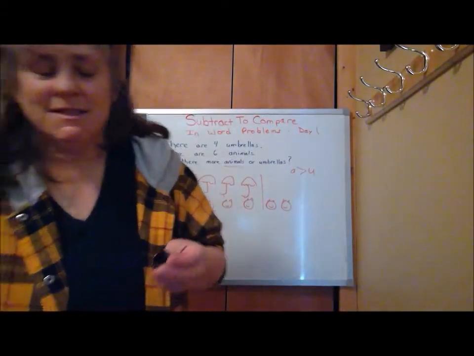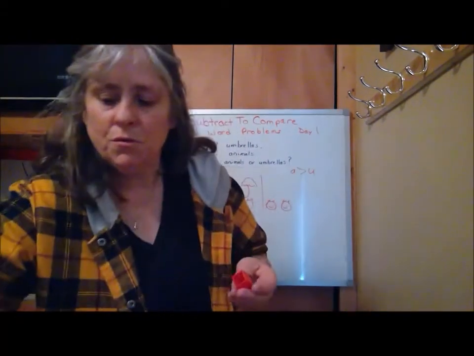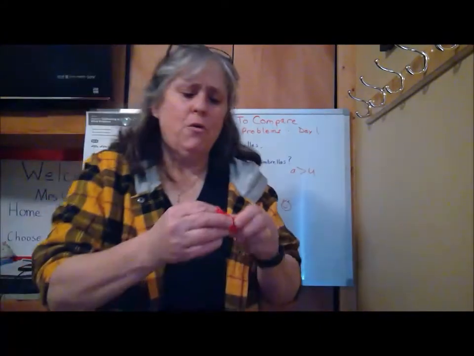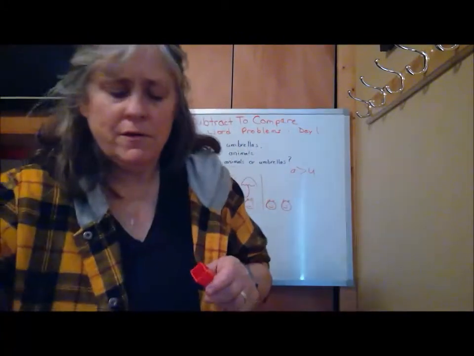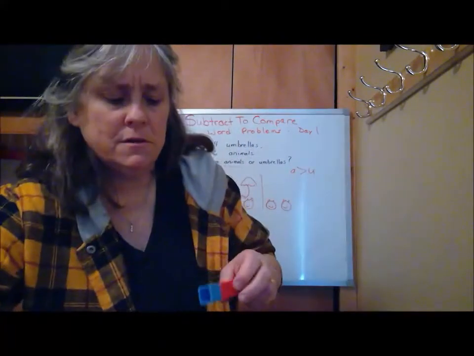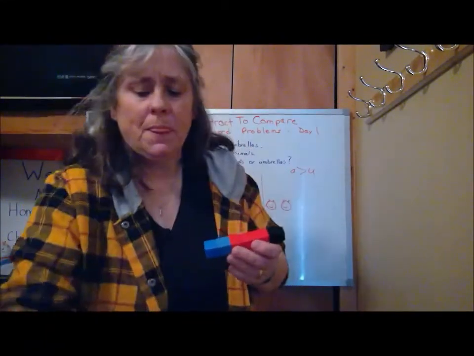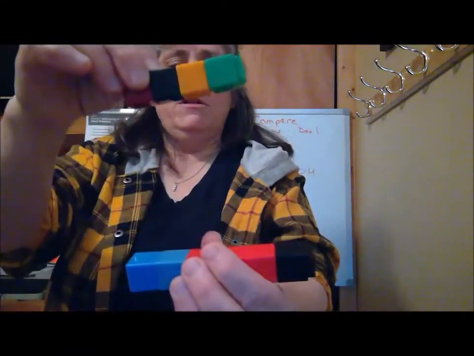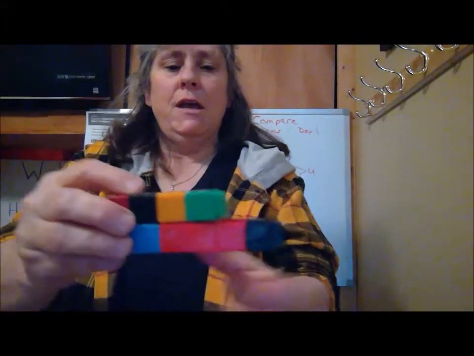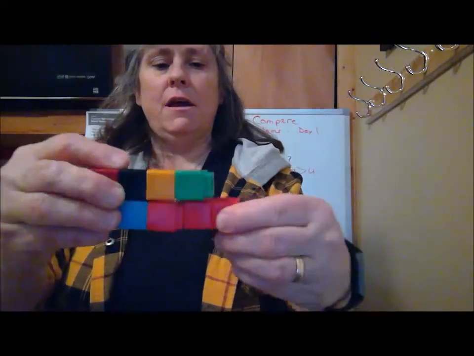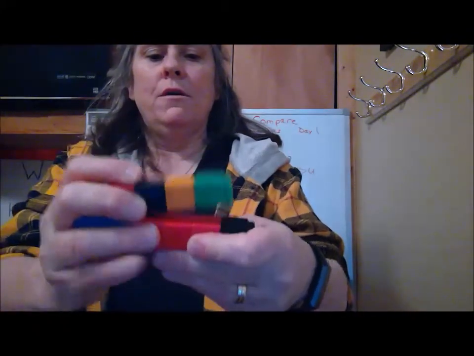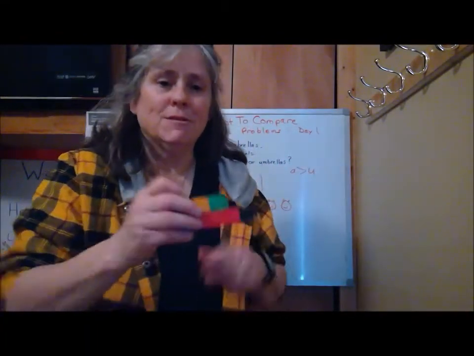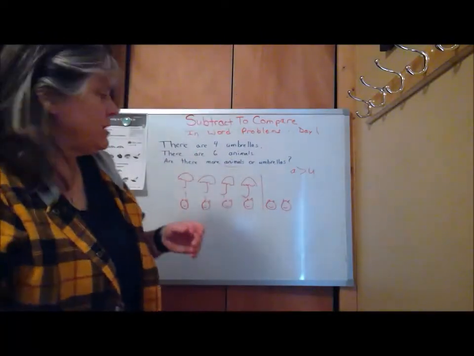And I have 6 animals. 1, 2, 3, 4, 5, 6. So now looking, do I have more umbrellas or more animals? And I can still tell that I have more animals. Good. More animals. Good. All right. So I'm going to put these cubes down for a minute.